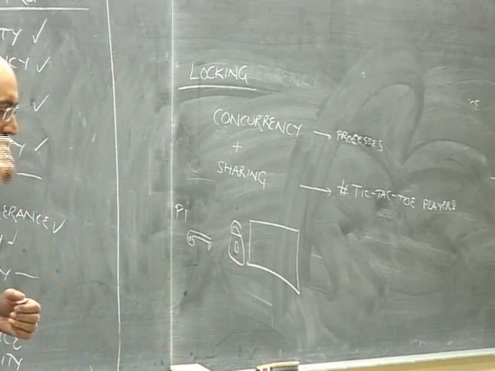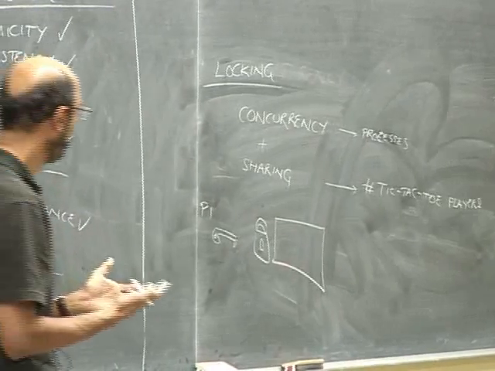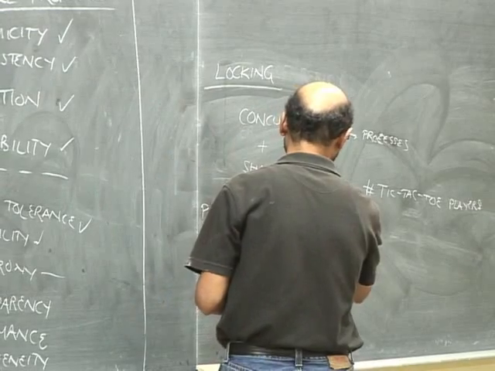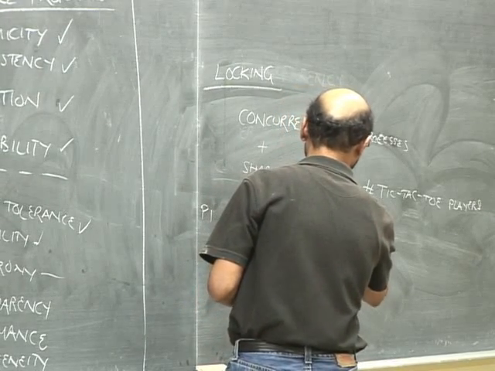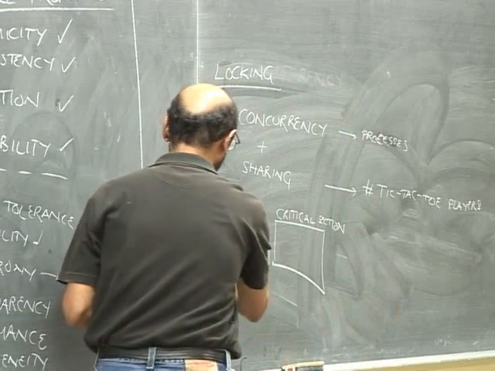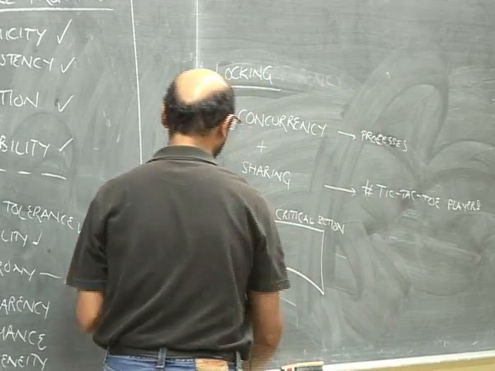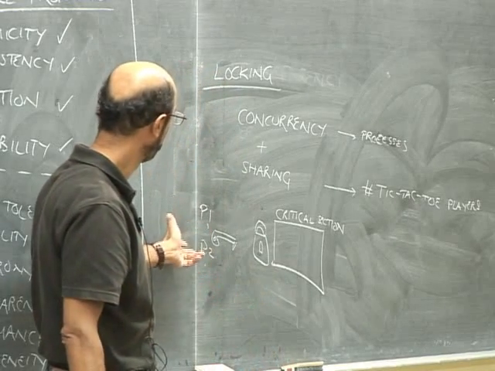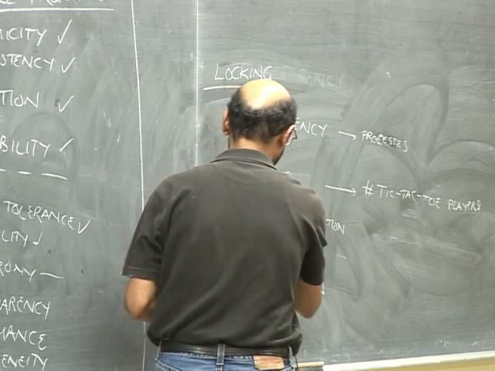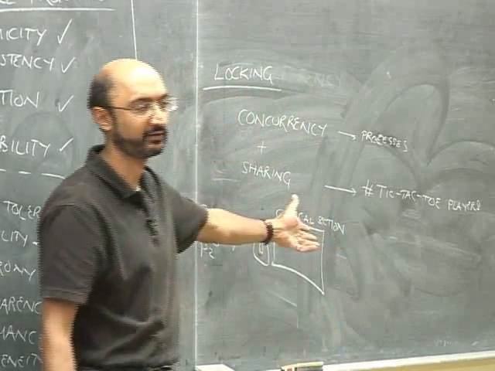And so what we do is we essentially use some way to define what's called a critical section. This room is called the critical section. And we're going to synchronize. We're going to make sure that all of these processes must have a key to the lock before they can access the critical section.